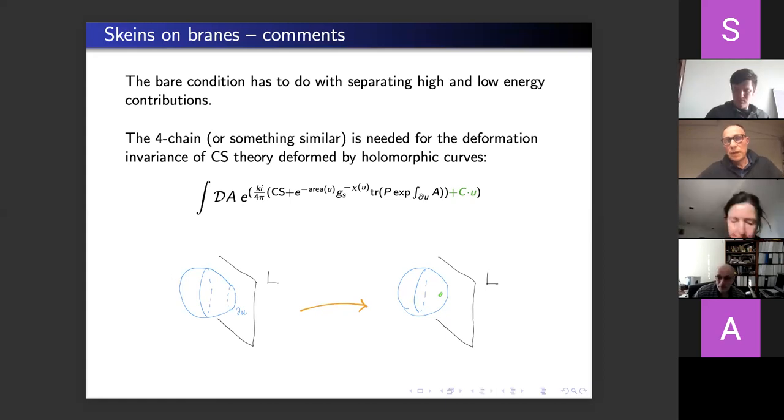Okay. So, what I'm telling you now is rather a story where I'm not in a cotangent bundle, but in some place where I actually have non-constant holomorphic curves ending on my Lagrangian.